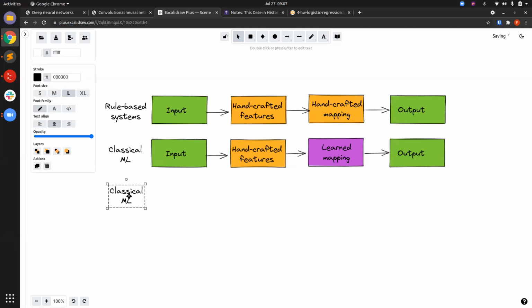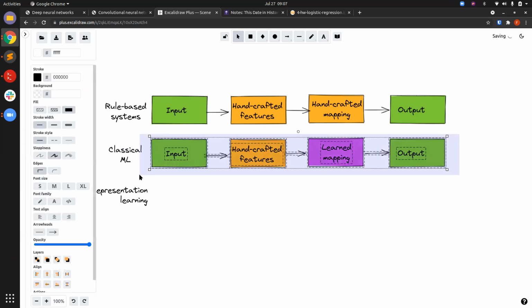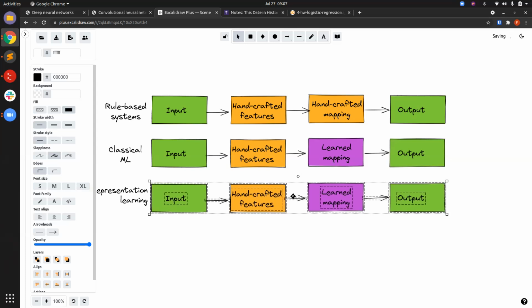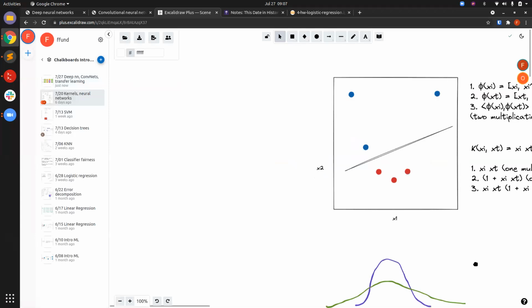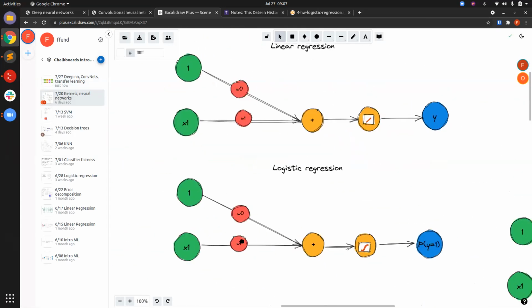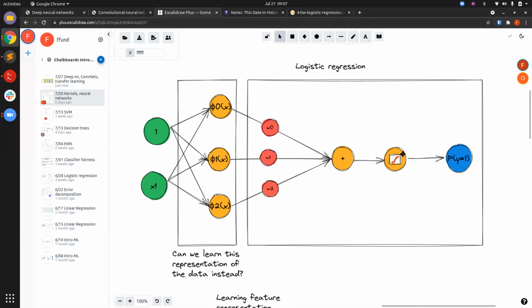Then we have our neural networks, which add a kind of representation learning. When I say representation, I mean a representation of the input. So now, not only is the mapping learned, as we said last week, you can learn the mapping of feature values to a particular output, but with a neural network you can also learn a representation of the data.